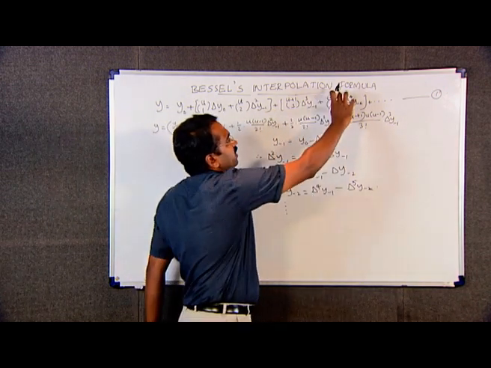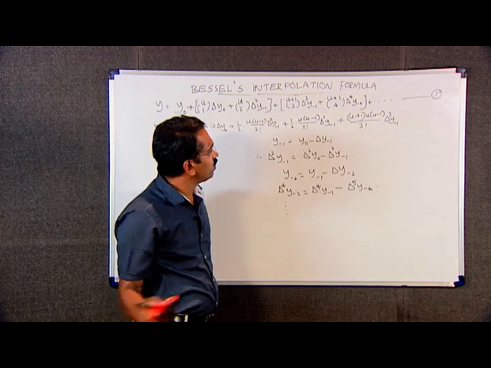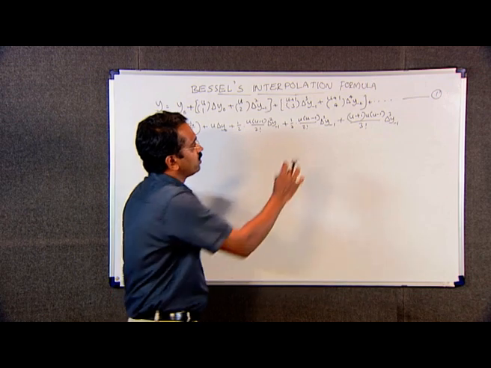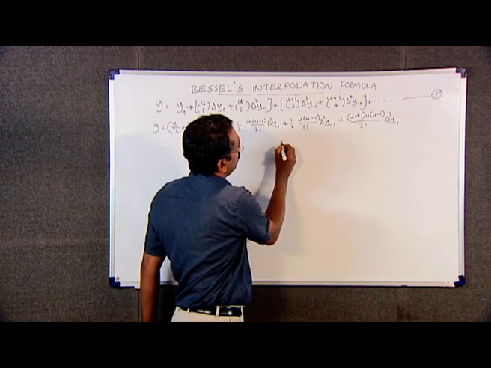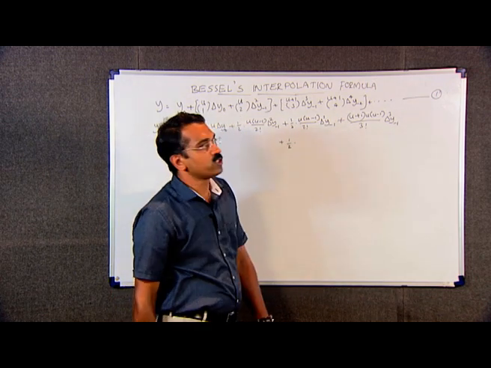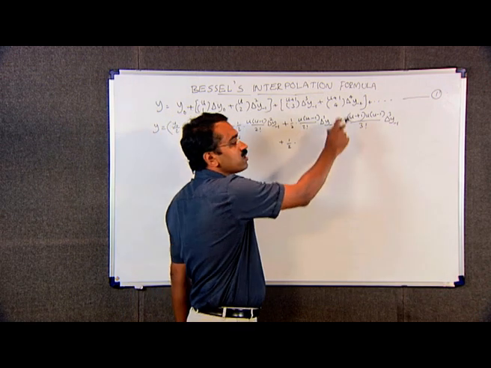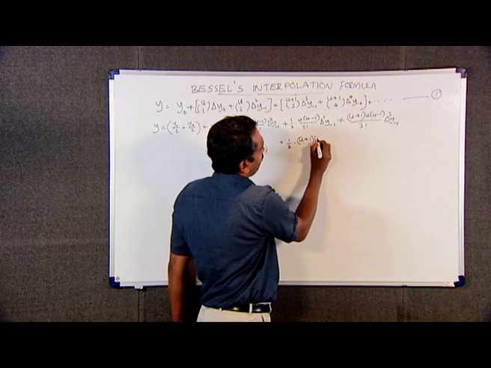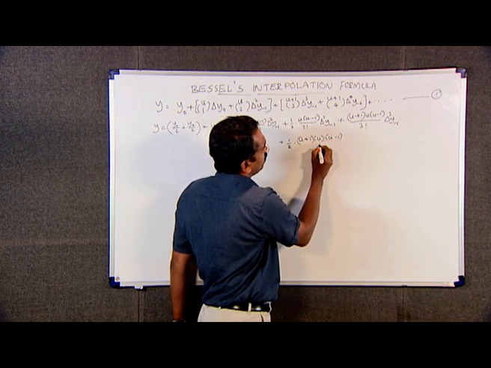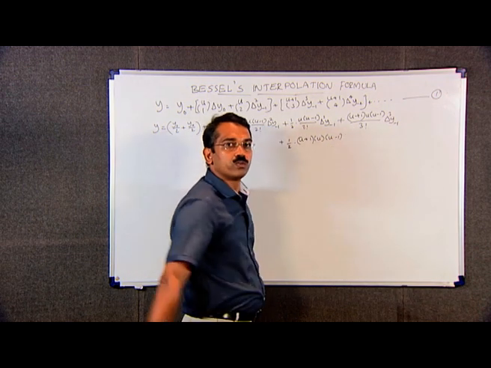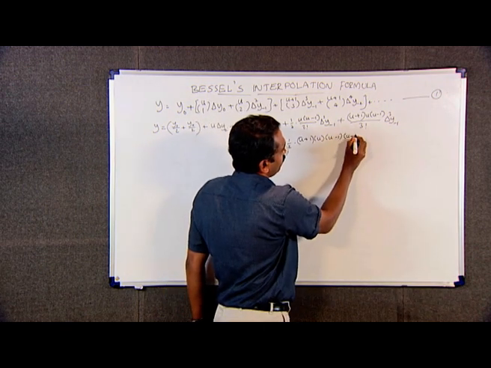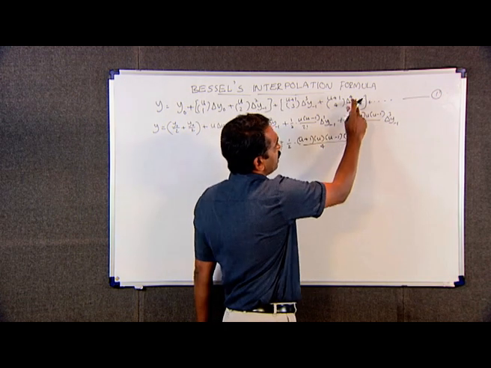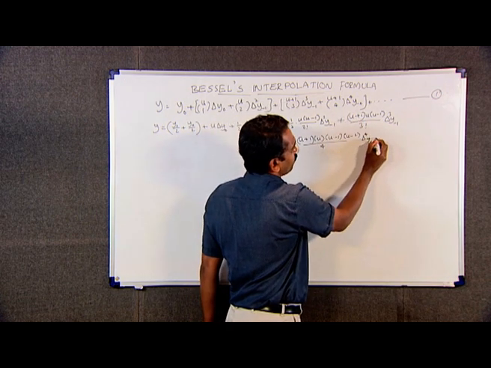Now, we split the next term into 2 equal parts. We can write this as first part is 1 by 2 into u plus 1 C4, which means u plus 1 into u into u minus 1 into u minus 2 divided by 4 factorial. This is u plus 1 C4 into delta raised to 4 y minus 2.